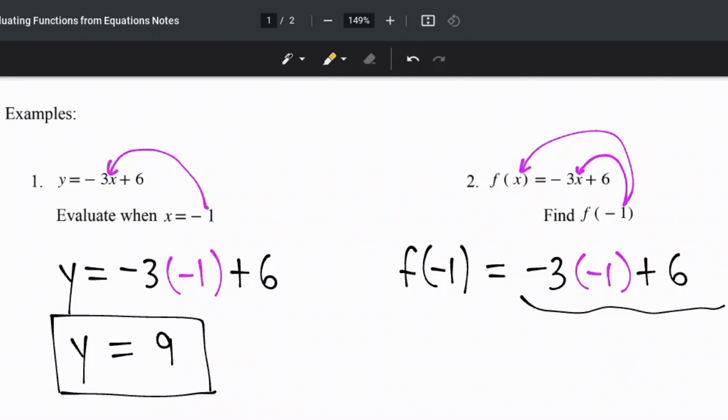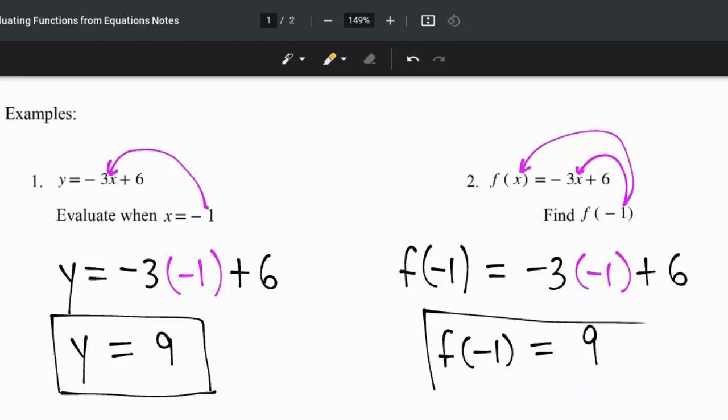What we're doing is negative 3 times negative 1, which is positive 3, plus 6, which gives us 9 again. It's basically the same idea as problem number 1, except it looks a little bit different. So what we can say for our final answer then is f of negative 1 equals 9. When you put negative 1 in for x in the function, you get 9.